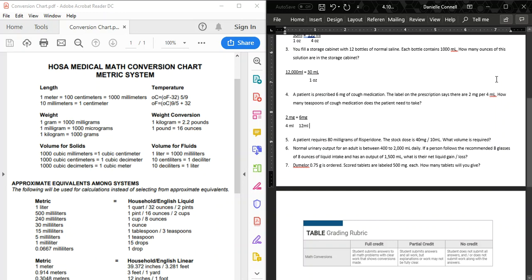But the question is not asking for how many milliliters, it's asking for how many teaspoons. So I'm going to find my teaspoon conversion here. 1 teaspoon equals 5 milliliters.